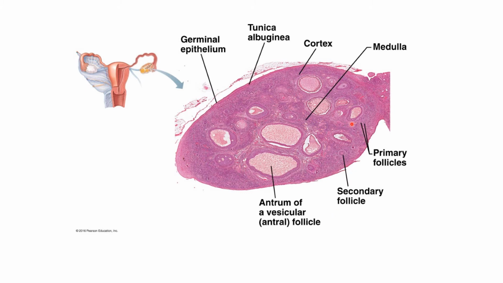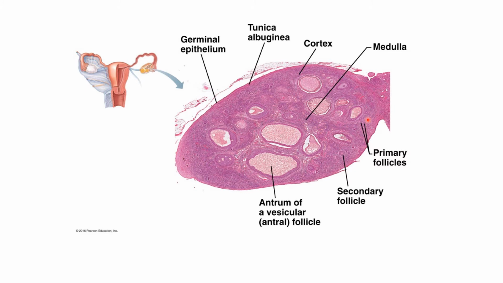And those follicles are going to grow along with the oocyte inside of them. So first we get a primordial follicle, and it usually has just a single layer of follicle cells surrounding the oocyte.